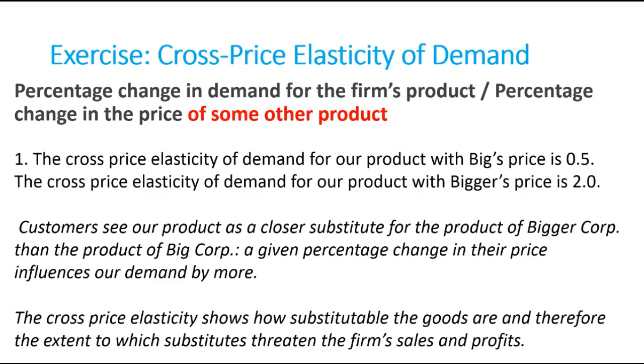So these numbers that are being shown here are just giving us some idea of the strength of substitutability between the goods. Now that's useful to know because we want to know whose actions are going to influence our sales more. So whose product is a closer substitute for our own?